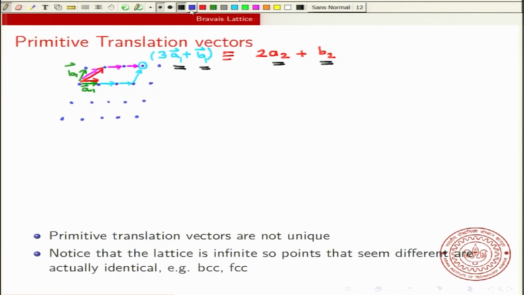You take an FCC lattice. So, FCC is actually a lattice, and if you take this FCC lattice, now you might be tempted to say, let me draw the FCC lattice. So, I have a cube, you have a cube, and you have all its face center points.